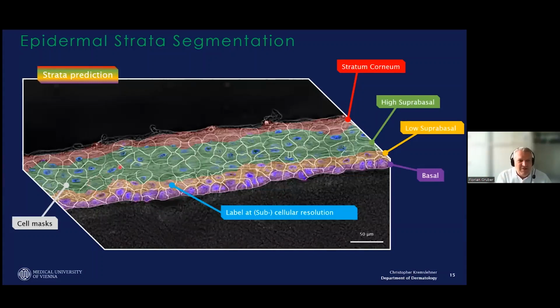And so we wanted a segmentation of the epidermis into certain defined strata, and we want to see a label, for example, DNA damage at subcellular or cellular resolution, and we need some kind of prediction of real masks or boundaries of the cells to then be able to do analysis on that. And for that, one needs, of course, some kind of advanced image processing software.